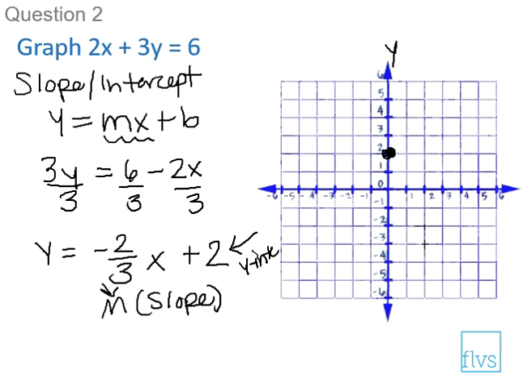If you remember on the last slide we talked about that slope was rise over run. So we're going to rise negative 2, which means we're going down 2. And then we'd go to the right 3, and we'd plot another point. And then we can do that again, down 2 to the right 3, and plot another point. Then all we have to do is connect our dots to draw our line.